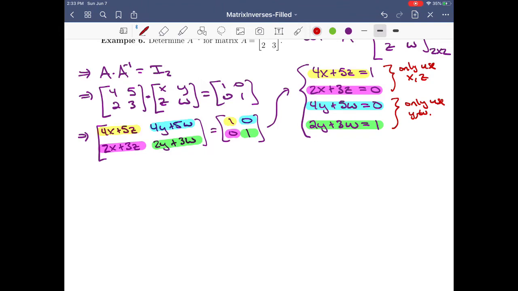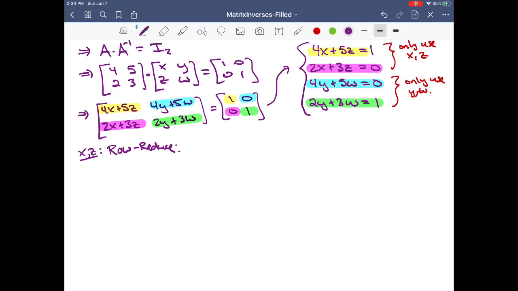To solve the xz ones, we'd want to row reduce, or you could use other methods, but I'm going to talk about row reduce. So you'd row reduce an augmented matrix that looks like 4, 5, the line, then 1, and 2, 3, the line, then 0.